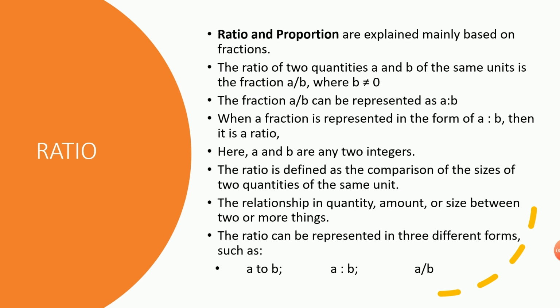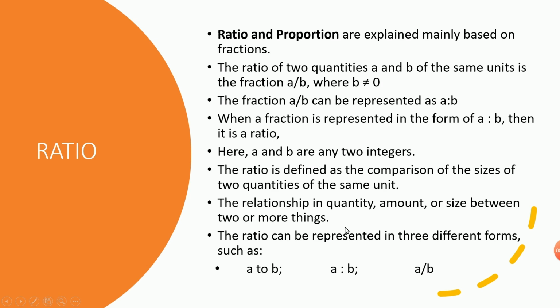Now we are comparing these two cups with the overall ratio. That is known as ratio. It is the relationship in quantity, amount or size between two or more things. In the bag of sugar example it is more like quantity, but it could also be the number of things, like how many sugar bags there are. Like that, ratio will be there.